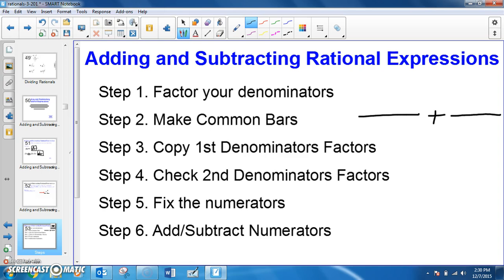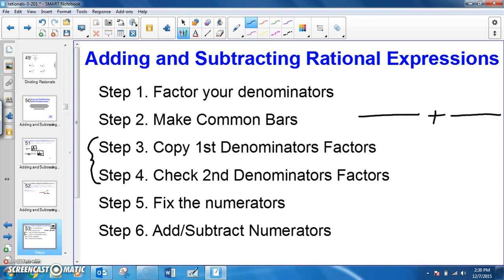If they are not in the common bars already, then you need to put them in the common bars. If they are there, then you do not have to rewrite it. That's why it will be our least common denominator for steps 3 and 4.